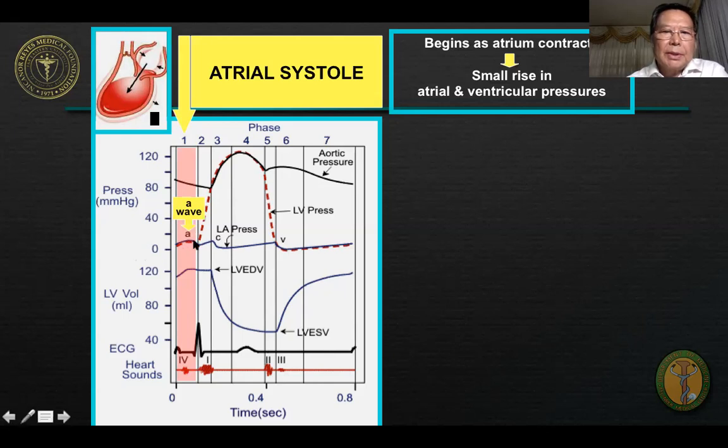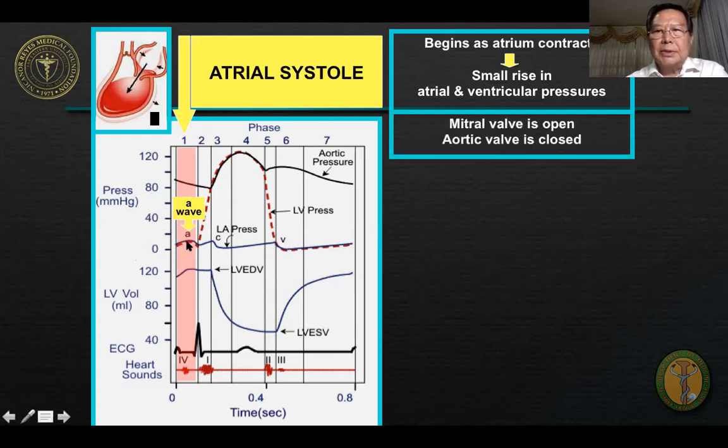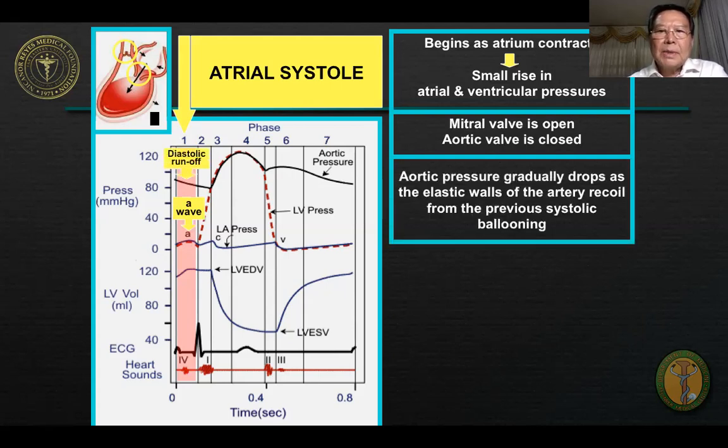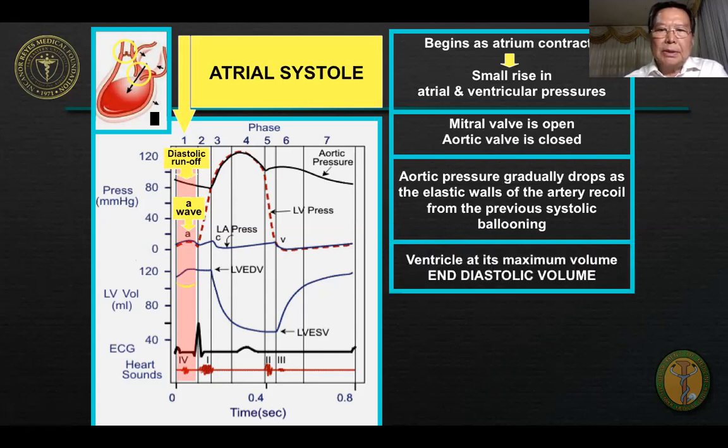The mitral valve is open, and the aortic valve is closed at this part, okay? So the aortic pressure gradually drops as the elastic walls of the artery recoil from the previous systolic ballooning, okay?